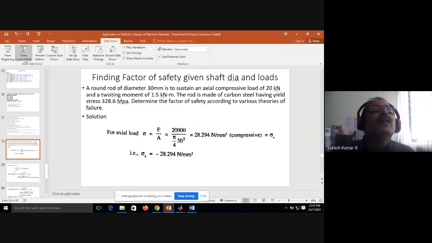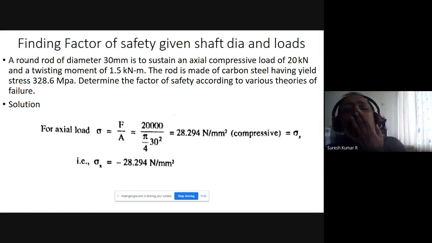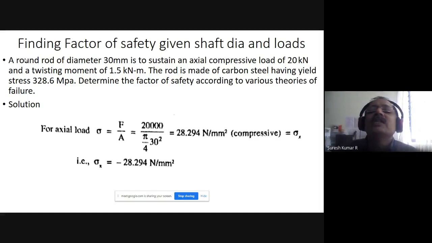And let me take a third numerical, that means different kinds of inputs we are giving. Here, the diameter of the shaft and the load on the shaft are given. And the loads given: one is an axial load, bending load is not there, and a twisting moment is given. Given the yield point stress is 328.6 MPa, applying various theories of failure, determine the factor of safety.